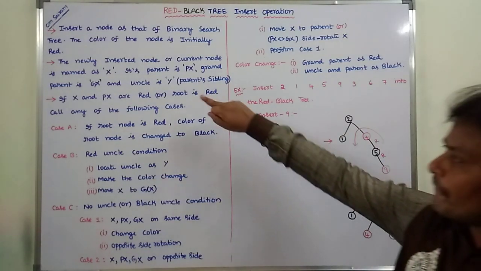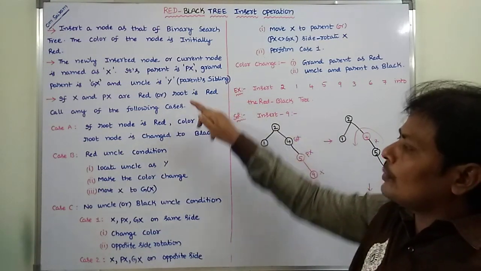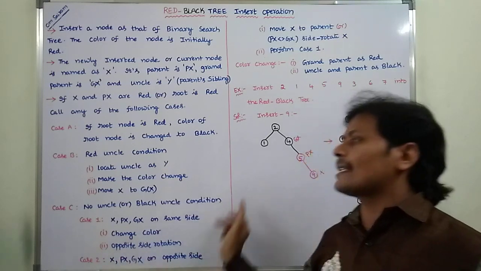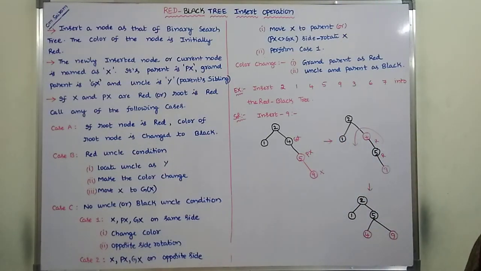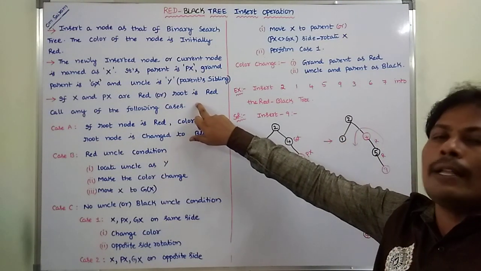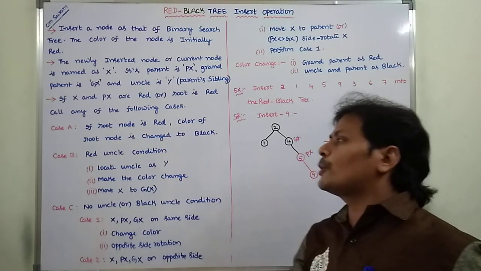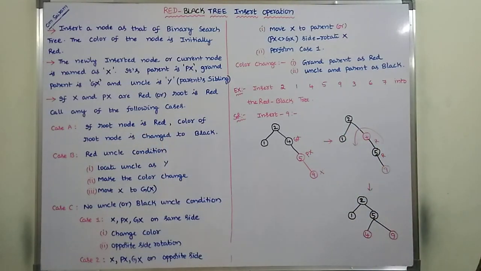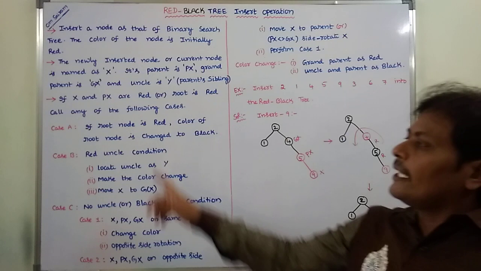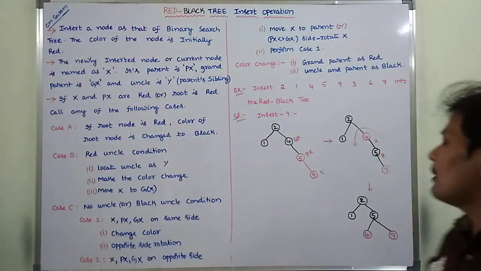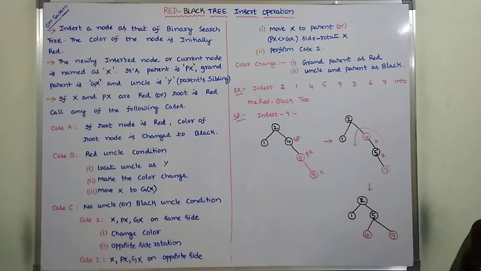Okay, so if this condition is true, then follow these three cases, case A, case B, case C. If this condition is false, there is no need to go to case A, case B, case C. So if this condition fails, our red-black tree is correct.